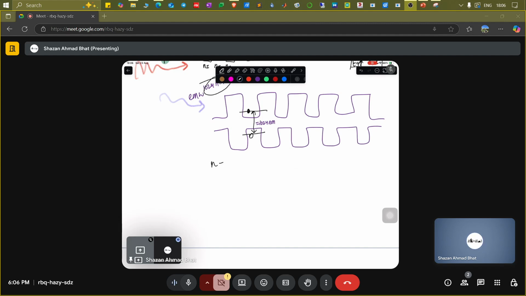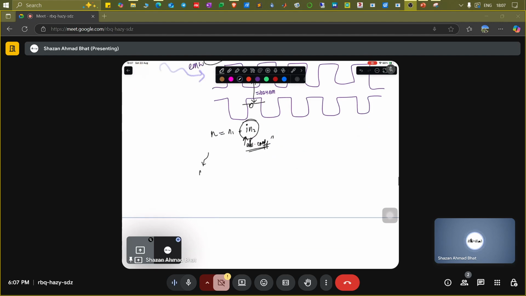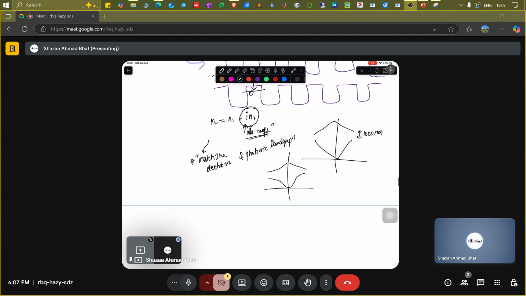Because in the refractive index, there is a real part and there is also an imaginary part. And this is also important because this governs the absorption coefficient. That is why most of the time we try to match the electronic and photonic band gap. Because it does not make sense that you have, let's say, a photonic band gap at 1000 nanometers, but an electronic band gap is going to accept that particular value.